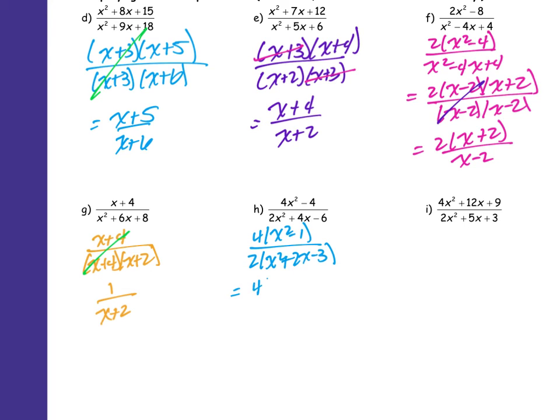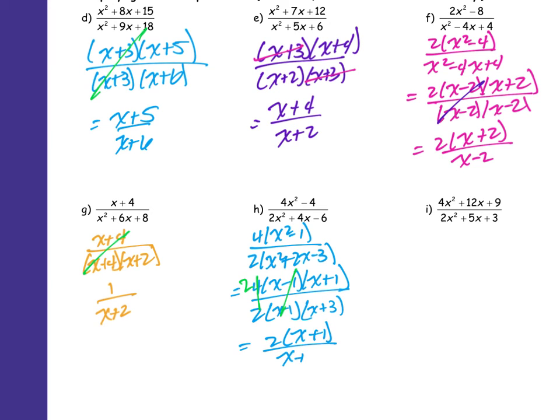So 4 times x minus 1, x plus 1, all over 2 times x minus 1 times x plus 3. So those go away, and this becomes a 2. So I get 2 times x plus 1 divided by x plus 3.